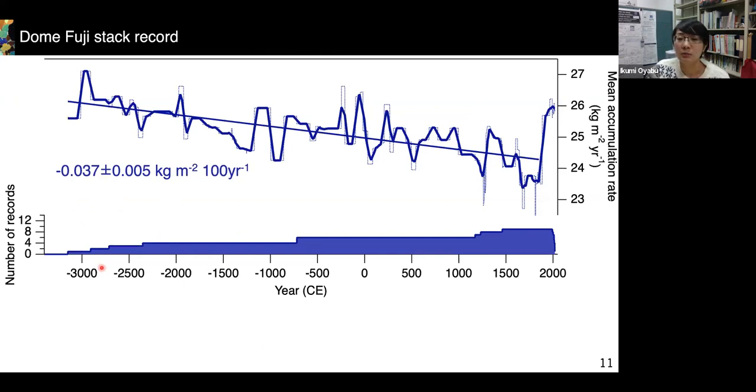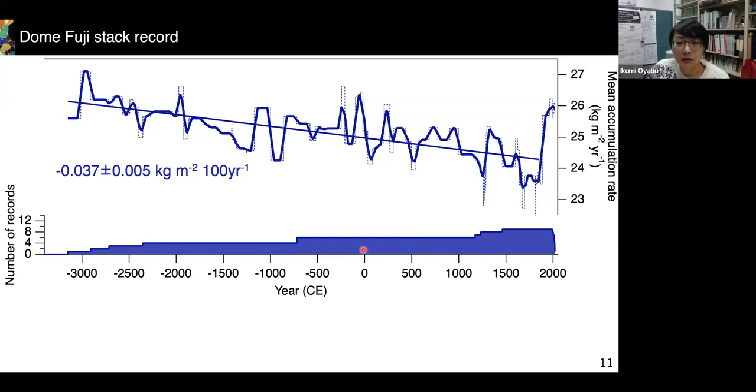To robustly estimate the trend and variability of accumulation rate in the Dome Fuji area, we constructed a stack of accumulation rate from the individual cores. This stack includes 10 ice core data around Dome Fuji. We found two important features in the stack.